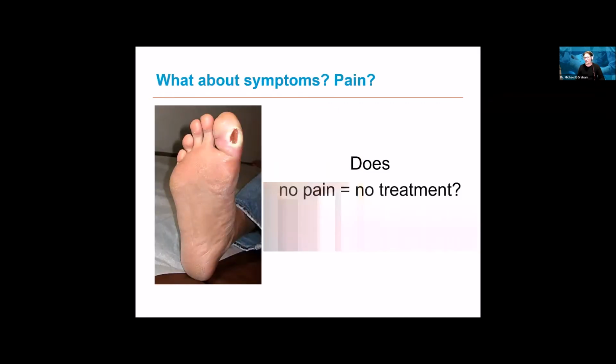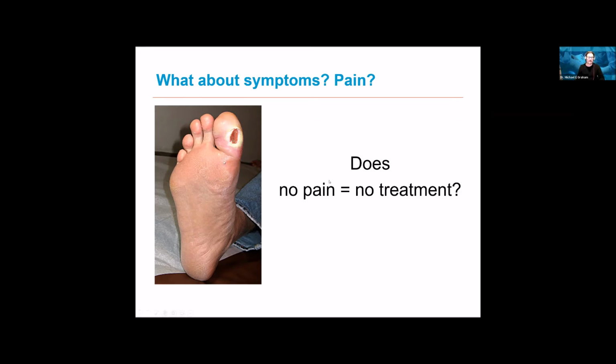Now, one of the questions that I'm always asked is, okay, well, the patient has no pain in their sinus tarsi, so I should not perform surgery. I need to wait until they have pain there. But that doesn't make any sense. What we're trained to do is to address orthopedic deformities. And this is an orthopedic deformity that probably has a symptom somewhere, even though it doesn't have to have a symptom itself.